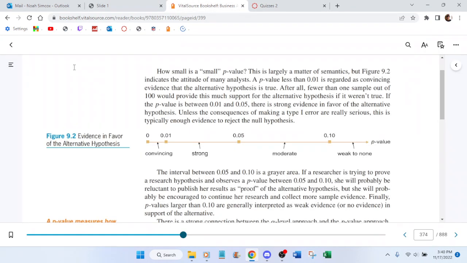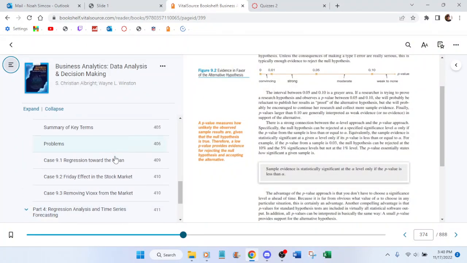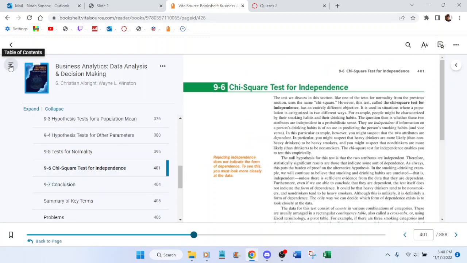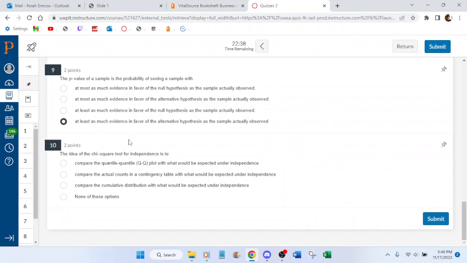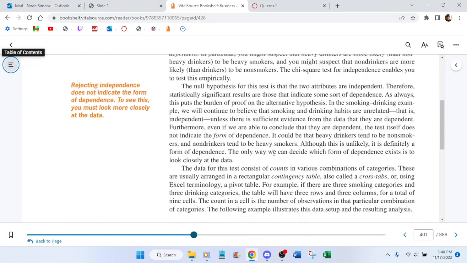I'll read the textbook explanation of it because I don't know if I can really get it from the PowerPoint. Compare the actual counts in the contingency table with what would be expected under independence. Compare the cumulative distribution with what would be expected. Okay, hold on. I think it's the contingency table one.